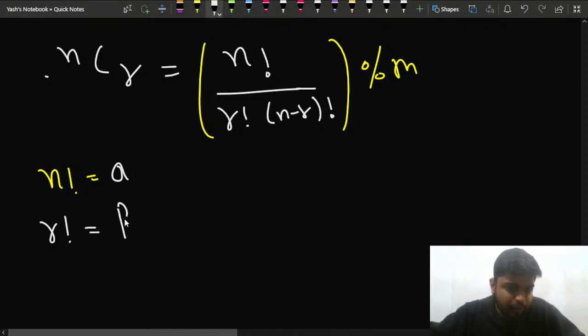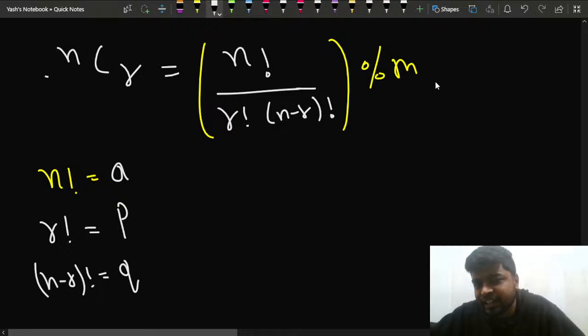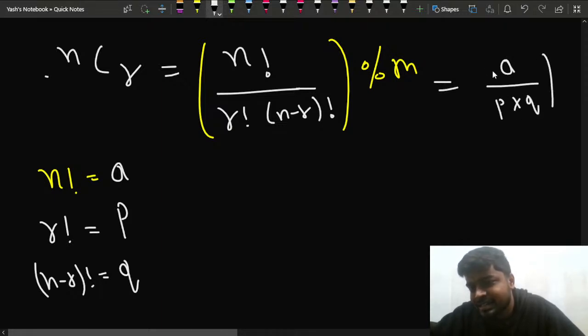Let's take p. Now if you have n minus r factorial, let's say that it has some integer value, that is q. So this would become nothing but a divided by p into q, and then modulo m, like this.